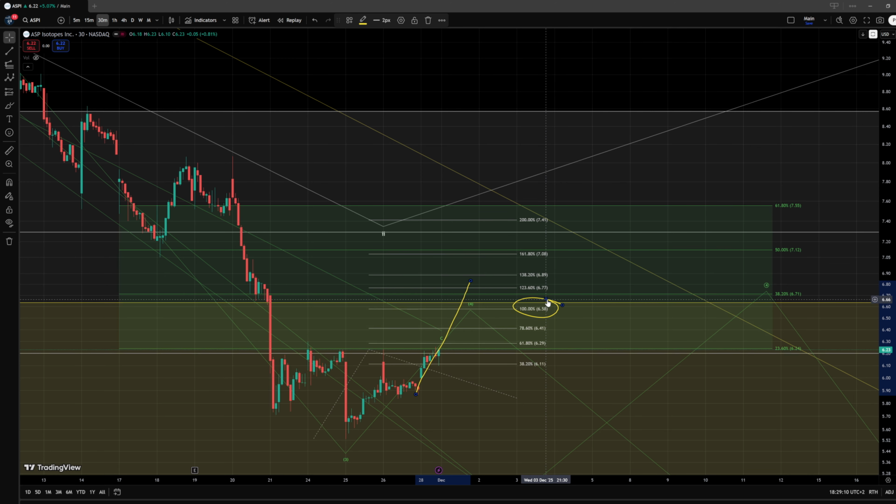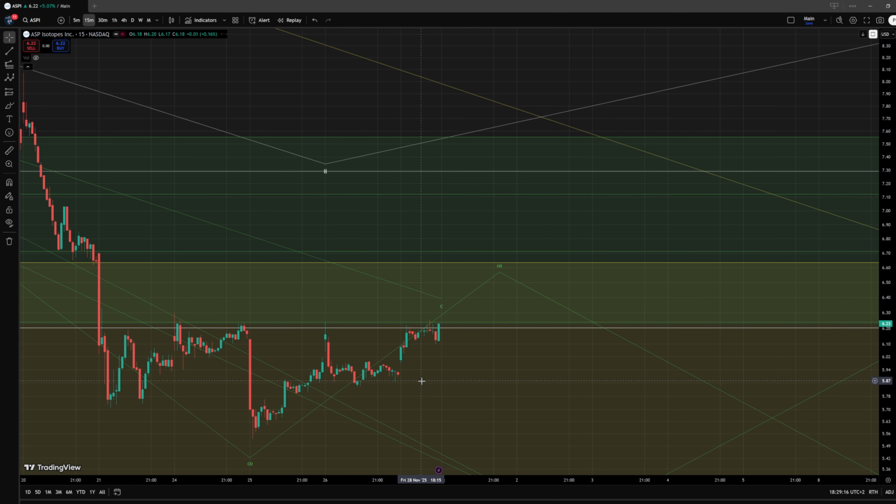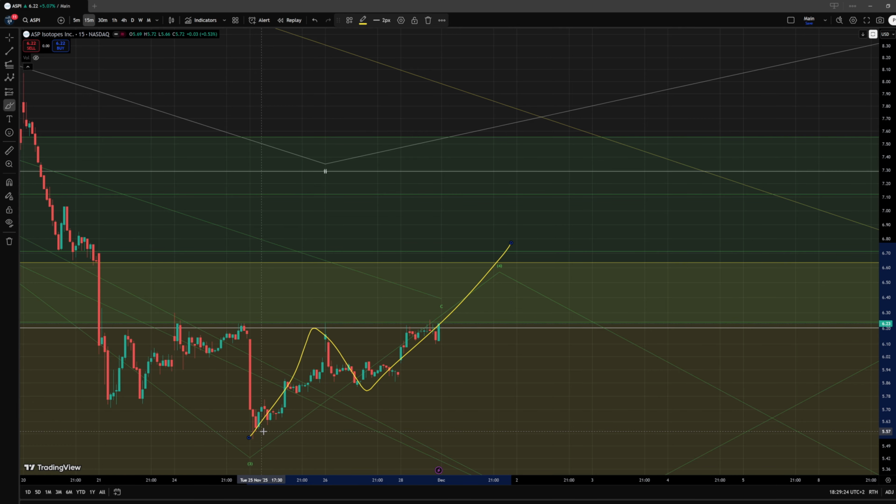But for now, we don't have enough data to judge too much, as it is on too small of a time frame to really tell about the pattern unfolding in this area. But I'm looking again for an ABC structure overall to be unfolding in this area.